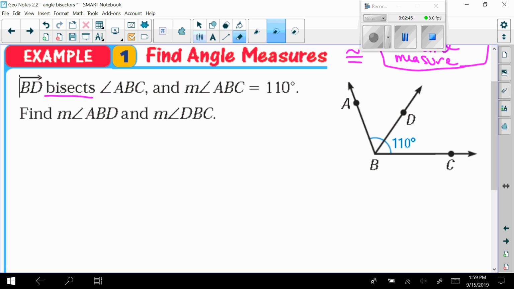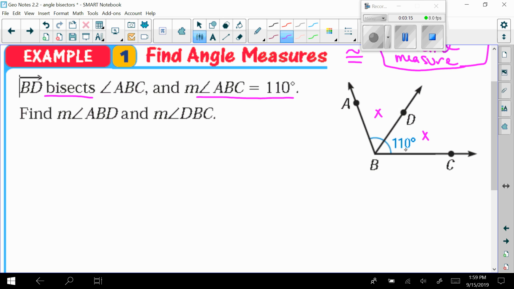Now, this information right here, that the measure of angle ABC equals 110 degrees, that's the whole angle, right? So we go, oh, this sounds a little bit like part plus part equals whole. It does, but the two parts are the same, right? So this is going to be the same measurement as this angle. When things are the same, but we don't know what they are, you could call this angle X, and this would also be X because they're the same.